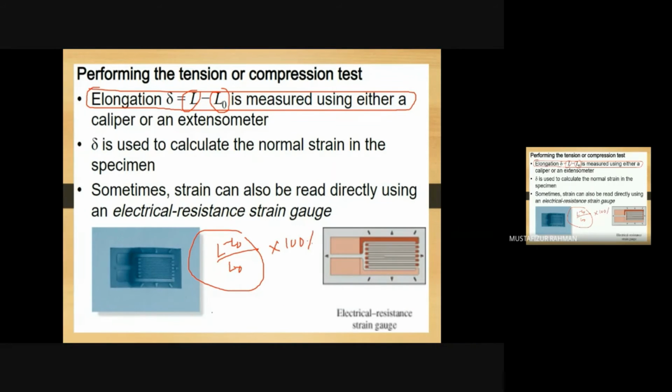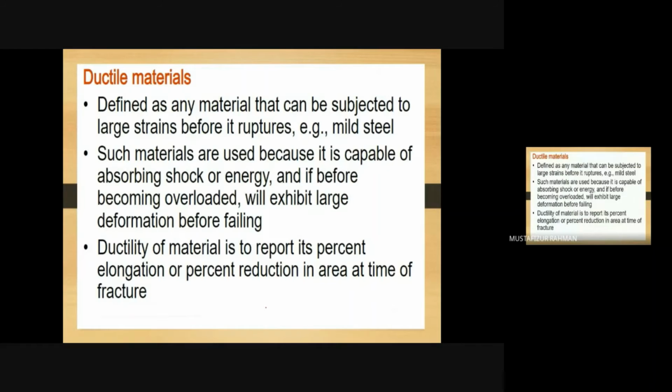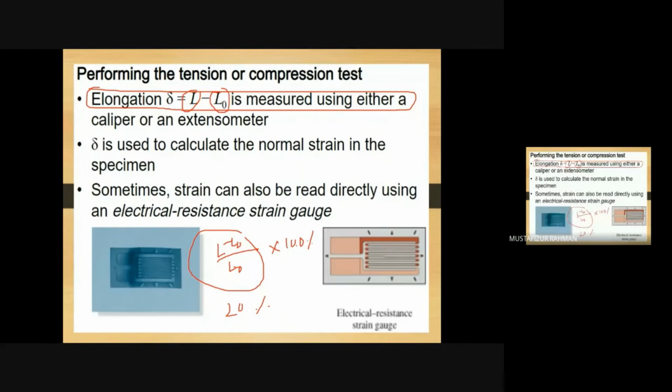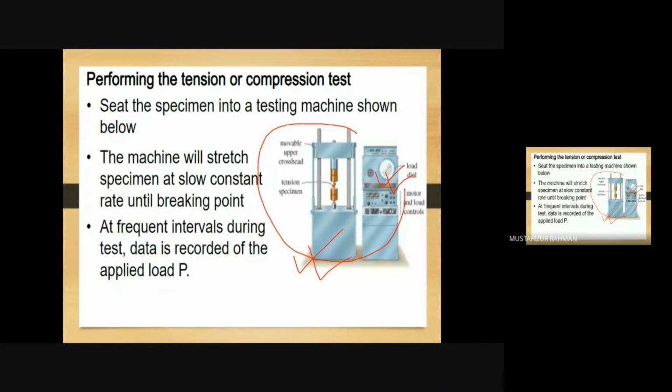It may be some value like 20%, 15%, something like this. So this is percentage elongation, and this is a very important property of steel that we use in various construction activities. This test machine will give us the yield value, the ultimate strength, and the percentage elongation.